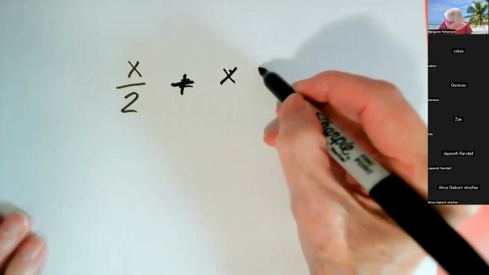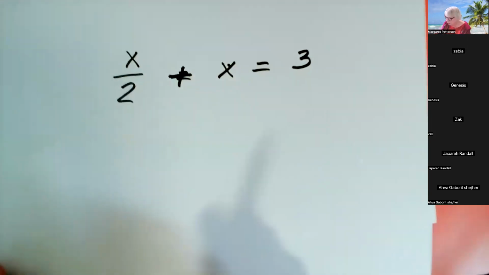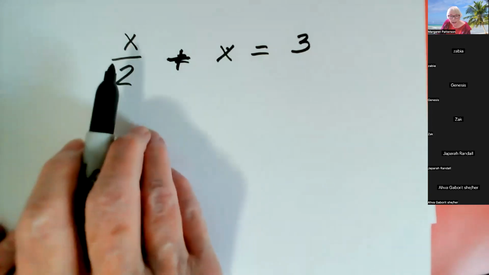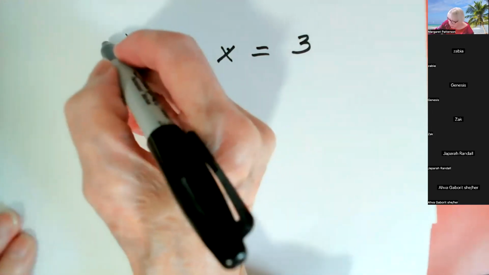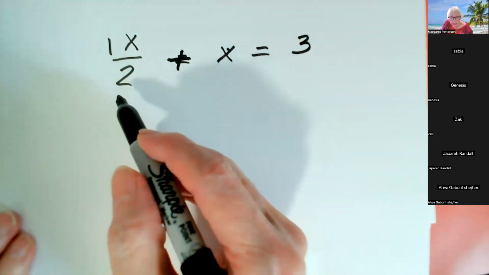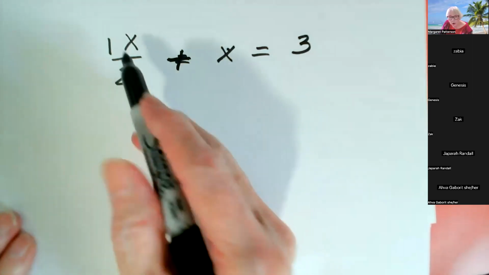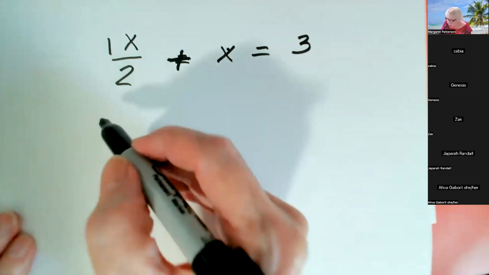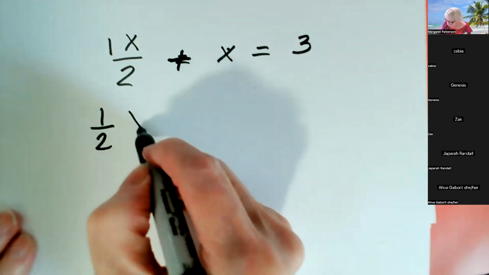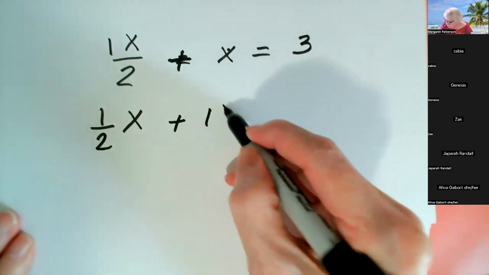Oh, we actually didn't do very many of those. Yeah, this is actually 1/2 x. So x divided by 2 is like 1/2 of an x. And this is a full x.